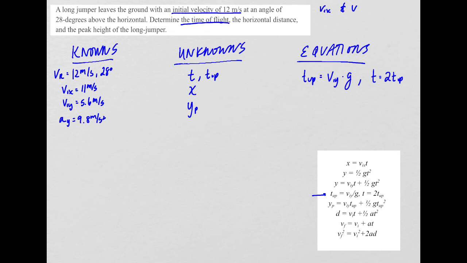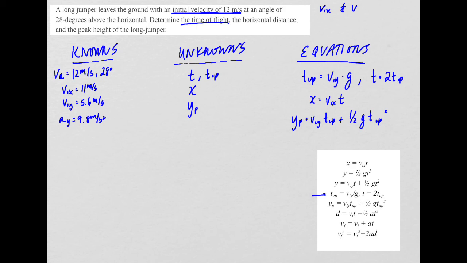And then we have X. We know that X is equal to VIX times T. As soon as we have T, we can solve for X. And then we have YP. YP is this funky equation. YP equals VIY times T up plus 1/2 G T up squared.